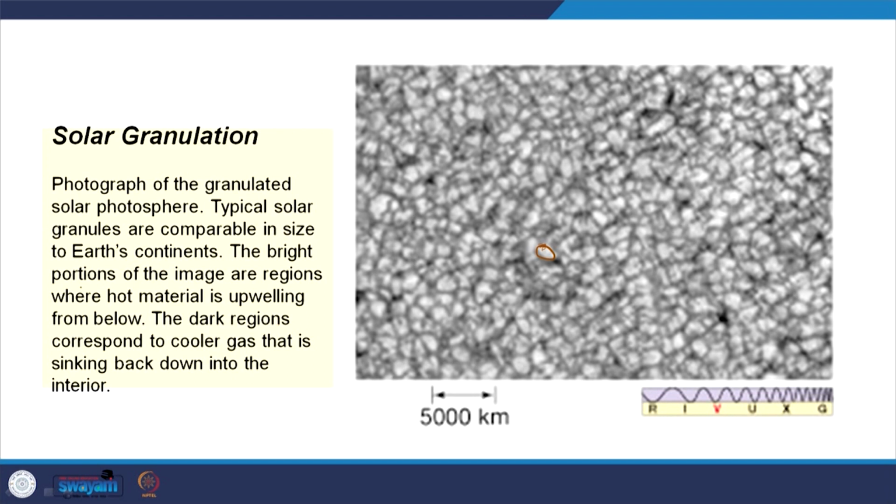The bright portions of the image are those regions where the matter is upwelling from the bottom. So this is the bright portion that you see here.